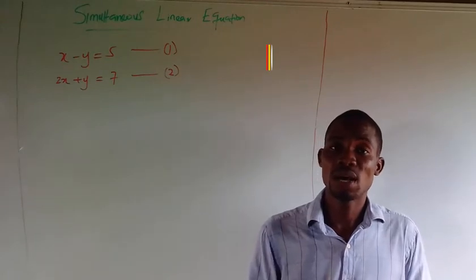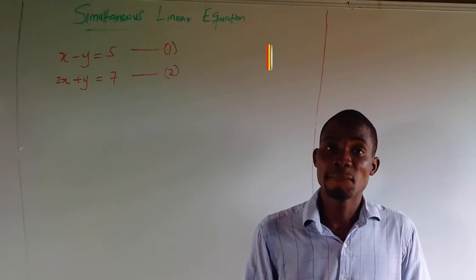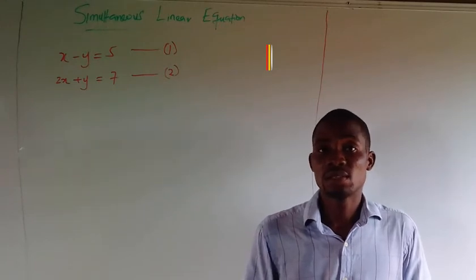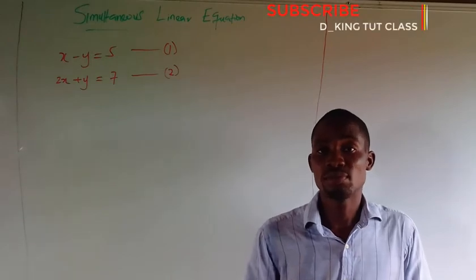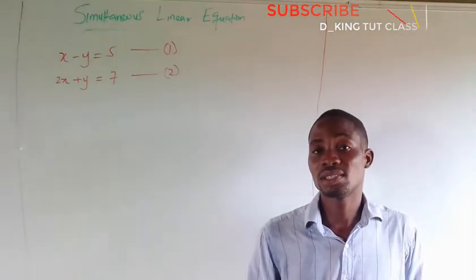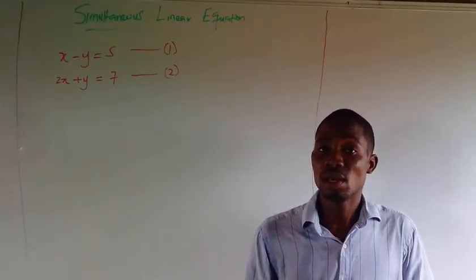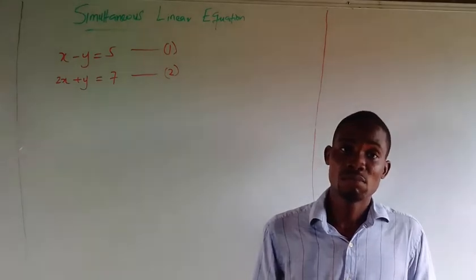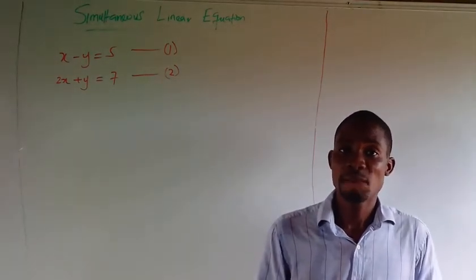Now, how will I know whether I'm going to add? When you have the same sign, you're going to subtract. That is, when you have plus plus for equation 1 and equation 2, you subtract. When you have minus minus, you're also going to subtract. But when I have opposite signs, that's plus minus or minus plus, I'm going to add. After that, I'm going to continue, factorize and get your answer.